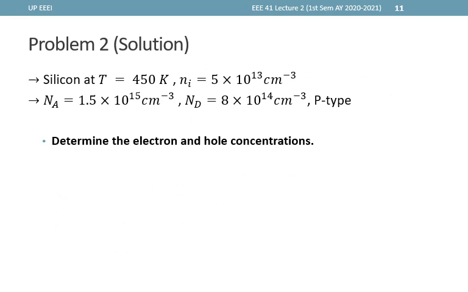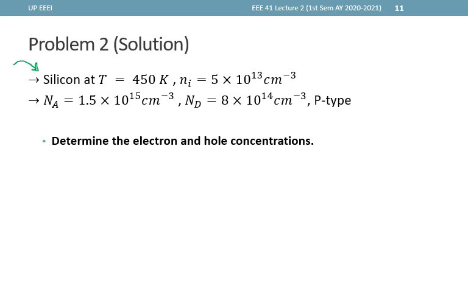We simply extracted the important information from the problem here, also to save space. We have silicon at 450 kelvins. We were told to use ni is 5 times 10 to the 13. We were already able to conclude that Na is 1.5 times 10 to the 15 from the boron, and Nd is 8 times 10 to the 14 from the arsenic.